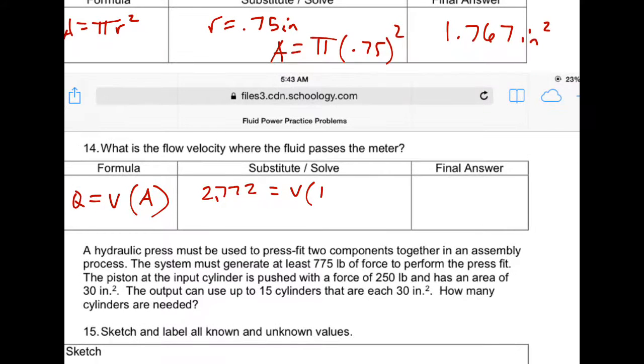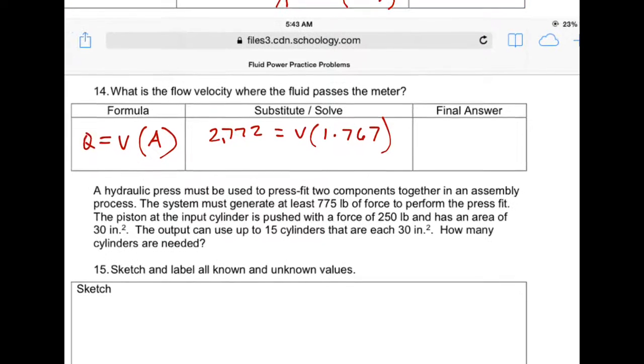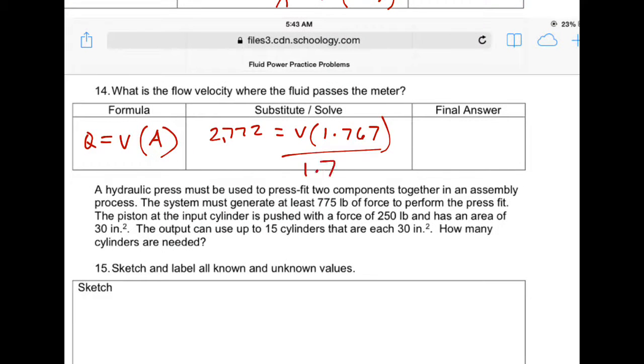The area is 1.7671458 and so on, but I'm only writing down 1.767. I'll divide both sides by whatever's in my calculator, so make sure you're not rounding in the middle.